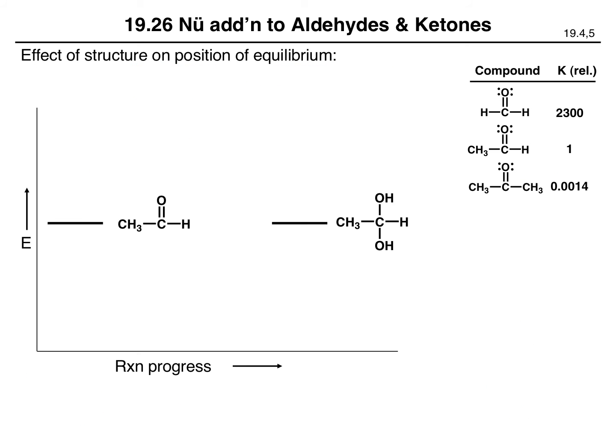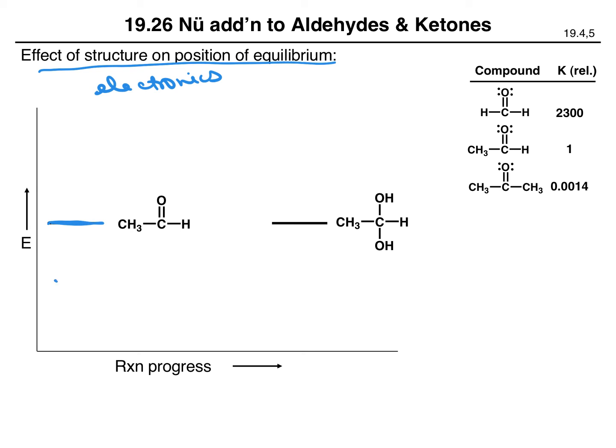So when we try to pull together that information to think about the effective structure on the position of equilibrium, for the starting material, we want to focus on electronics, and we're thinking about stabilization of the partial plus on the carbon. So let's just put acetaldehyde right here.